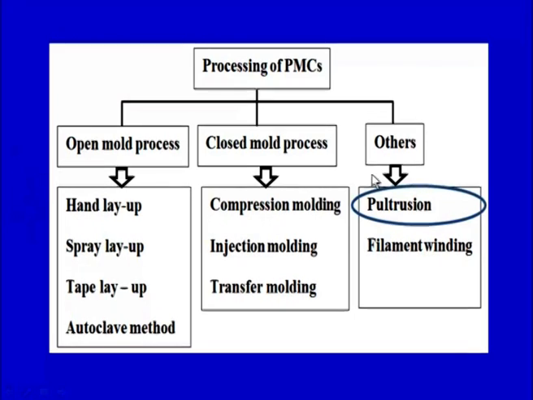So today our focus will be primarily on the pultrusion process. What is a pultrusion process, and how is it done? With the help of a schematic diagram we will try to understand the process of pultrusion, and finally we will see the application areas, advantages and limitations of the pultrusion process.